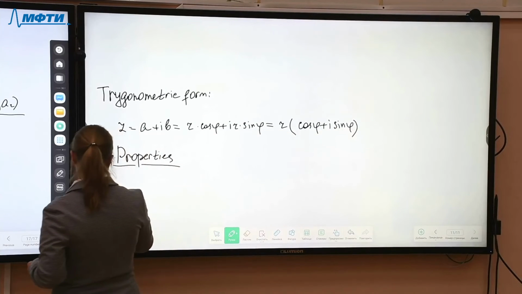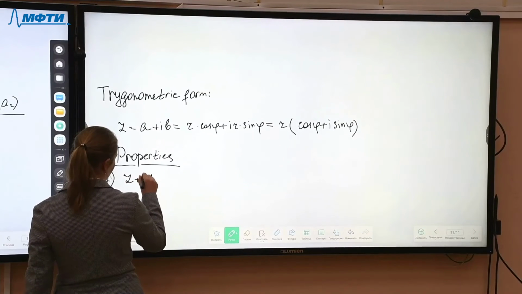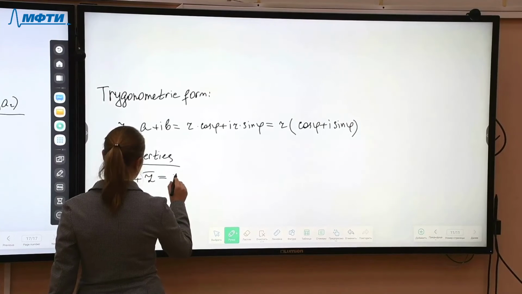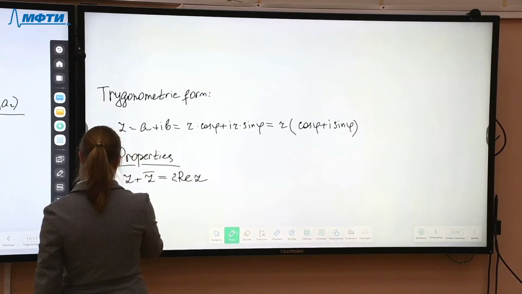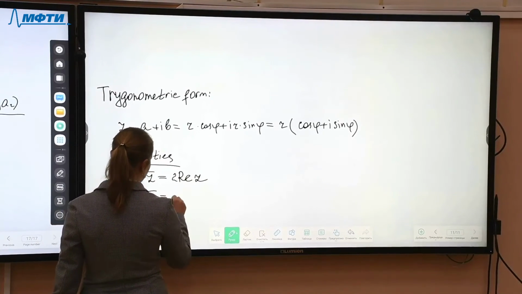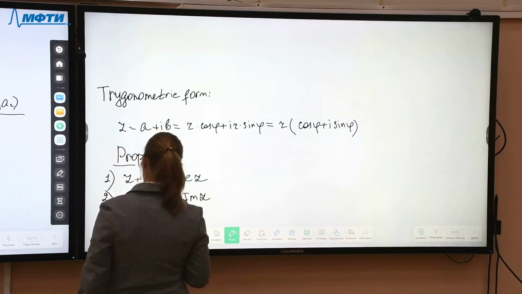Well, first, the first property: z plus z conjugate is two times the real part of z. Then z minus z conjugate is 2i times the imaginary part of z.